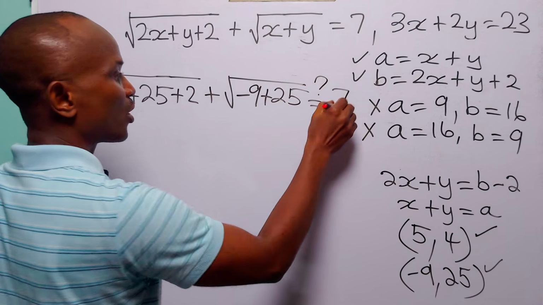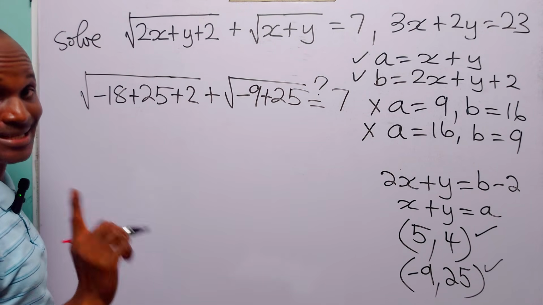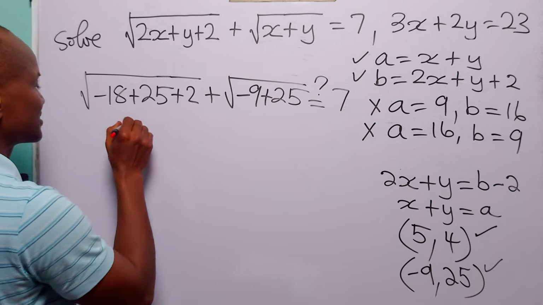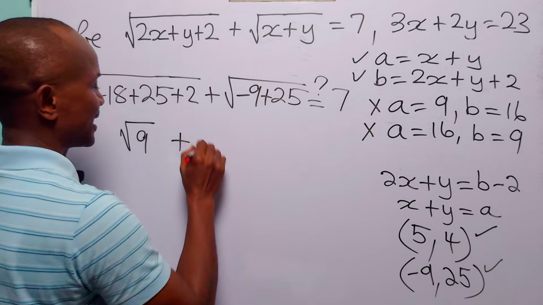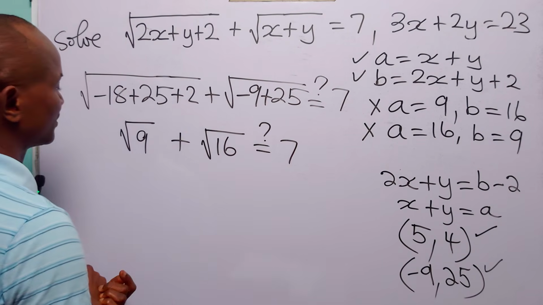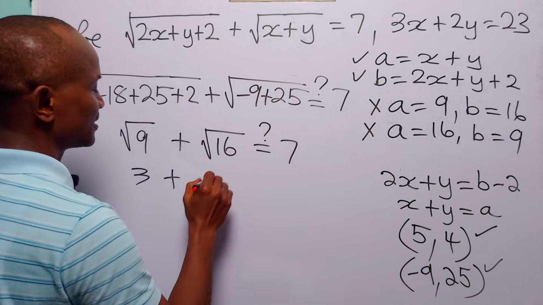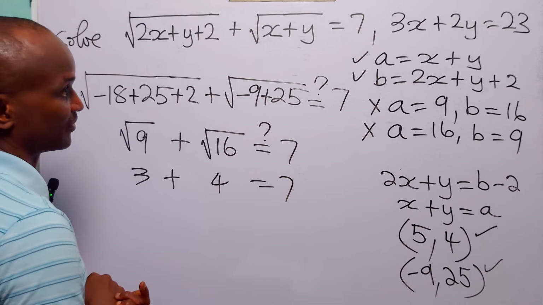Now, is this equal to 7? 25 minus 18 is 7. 7 plus 2 is 9. So here we have the square root of 9. 25 minus 9 is 16. The square root of 9 is 3 and the square root of 16 is 4. And of course, 3 plus 4 is equal to 7.